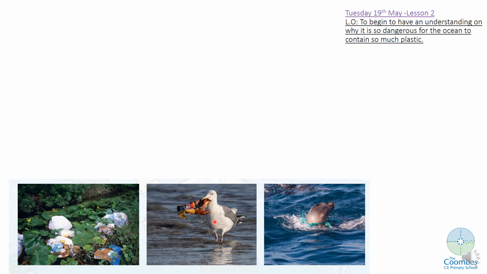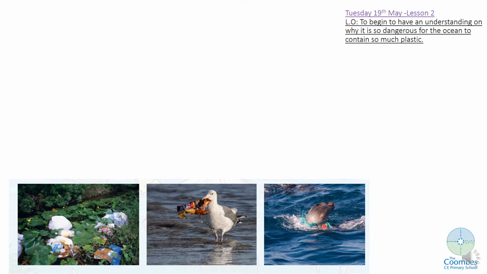In this one, we have a seagull that has been flying around and has come across a packet of crisps. And this packet of crisps, it probably thinks is food. It won't eat the crisps inside it, but it will try to eat the plastic on the outside, which we all know would not be very nice.